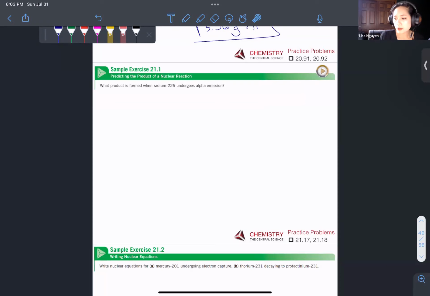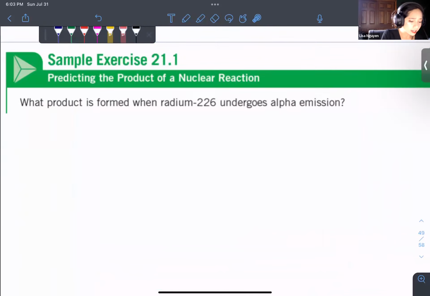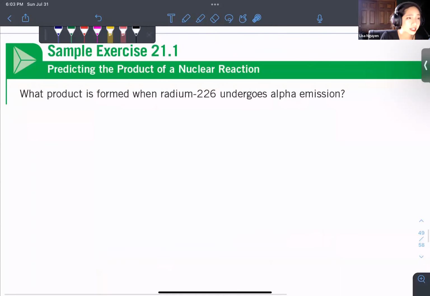All right, so chapter 21, nuclear chemistry. This is a little bit different. We're looking at chemical reactions pertaining to the subatomic particles in the nucleus of our atom, so mainly we're worrying about our protons and neutrons. Do understand how we get the number of protons and neutrons given an element name, such as radium-226.